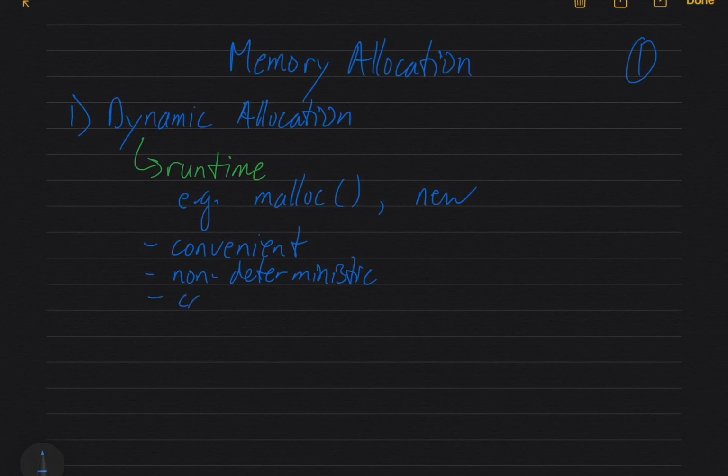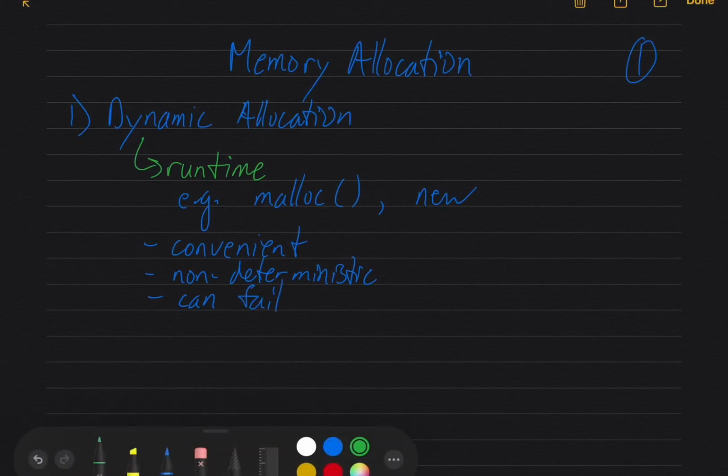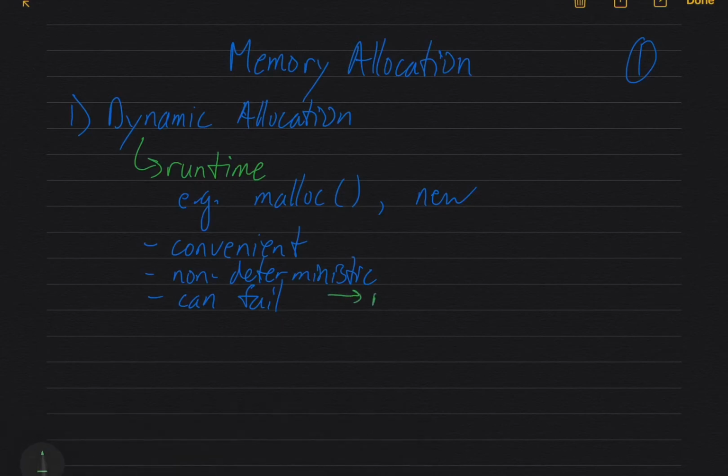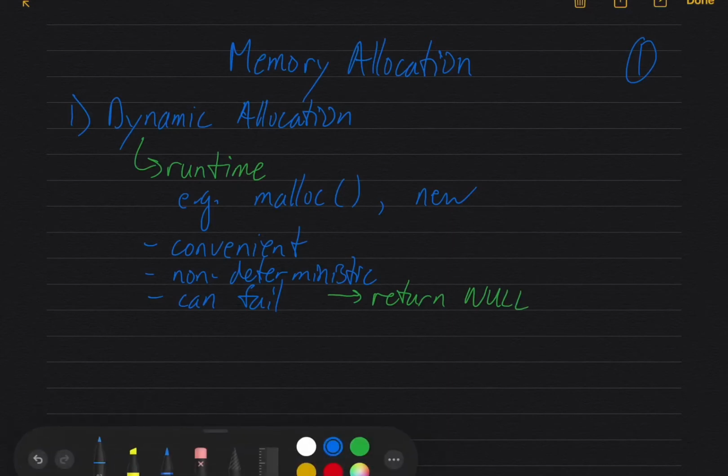But non-determinism is usually a bad thing in a real-time operating system. You want repeatable behavior. The other issue is that malloc can fail, and if it does fail, it returns null. So it's good when you call malloc to actually check that the address you get back is not null.